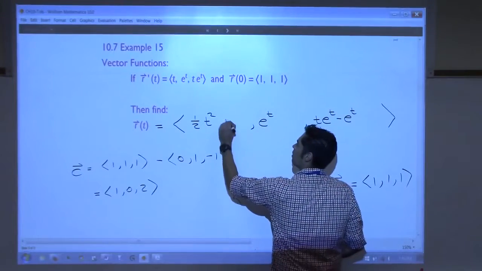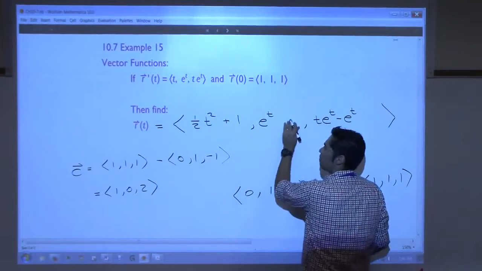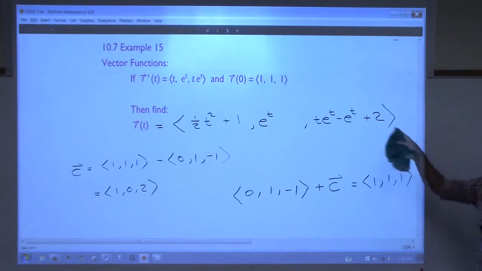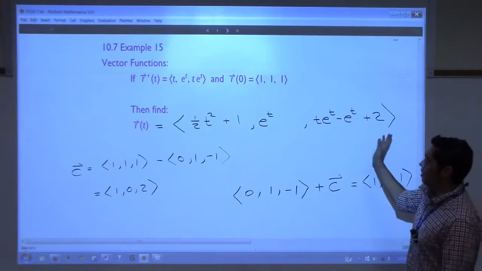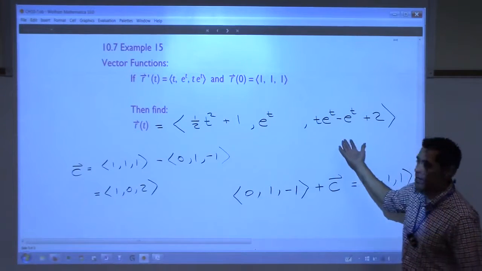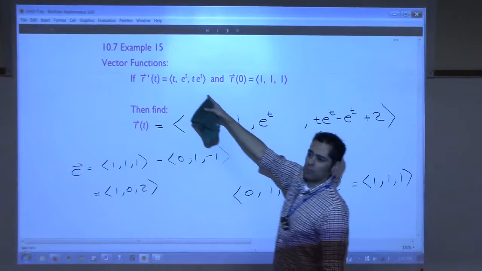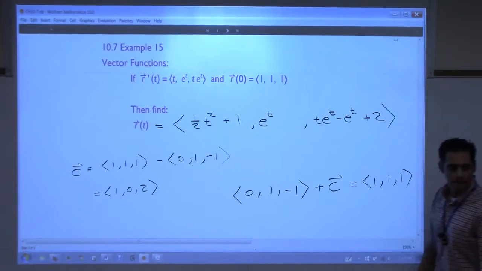So this one will be plus 1, right? This one will be plus 0, and this one will be plus 2. That is the actual position function. We could double check it real quick. If we plug in 0, we better get 1, 1, 1, which I'm sure we will. And if you take the derivative of this, you better get this, which I'm sure you will.